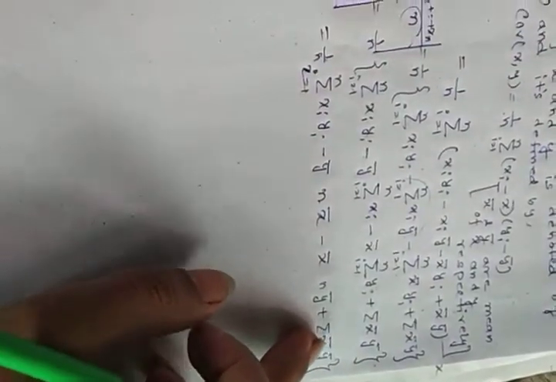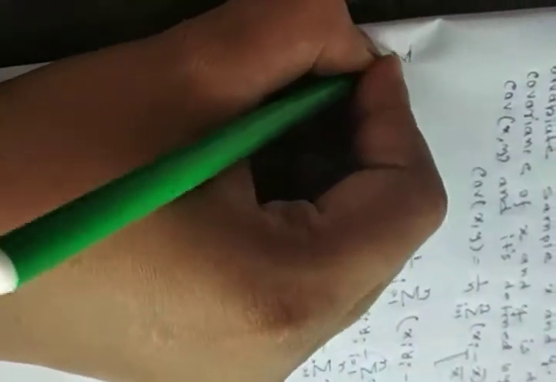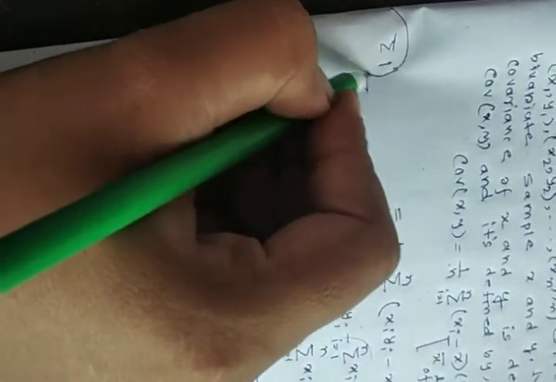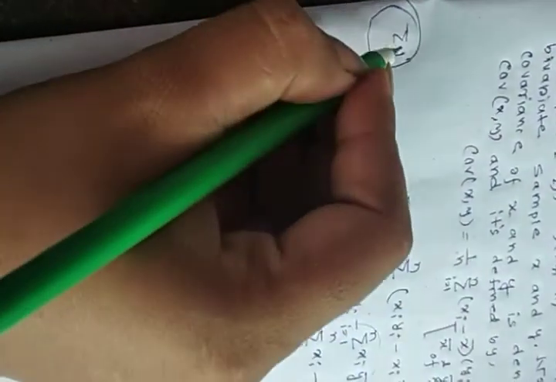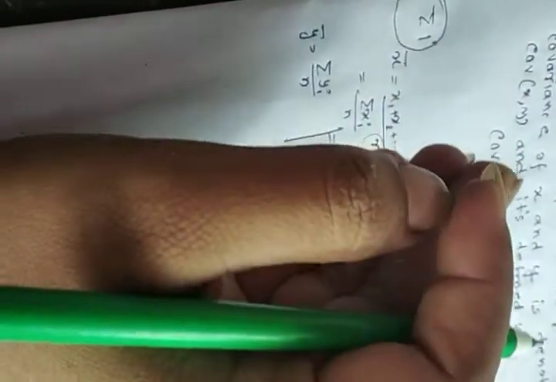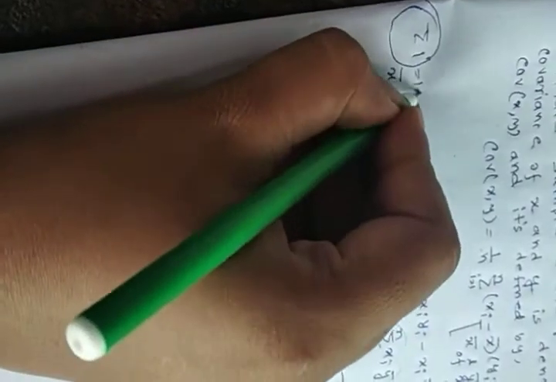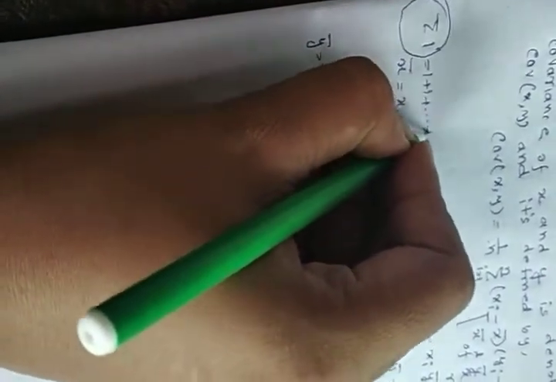Here x bar and y bar together are a constant term. So all of you know that the summation of 1 up to n terms: if the total number of terms is n, then 1 is repeated n times, 1 plus 1 plus 1 plus.